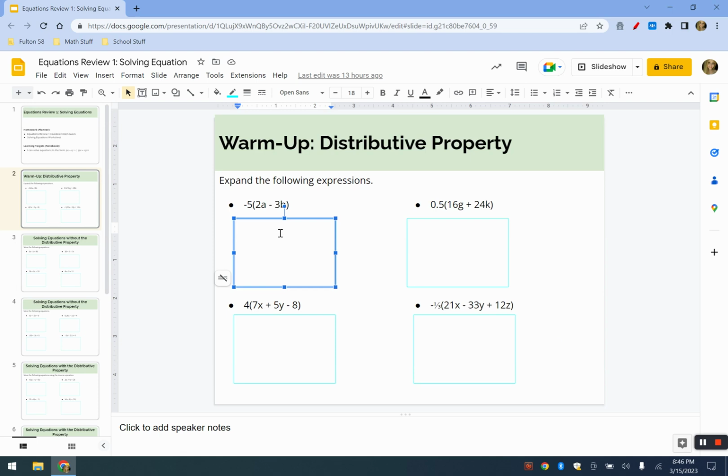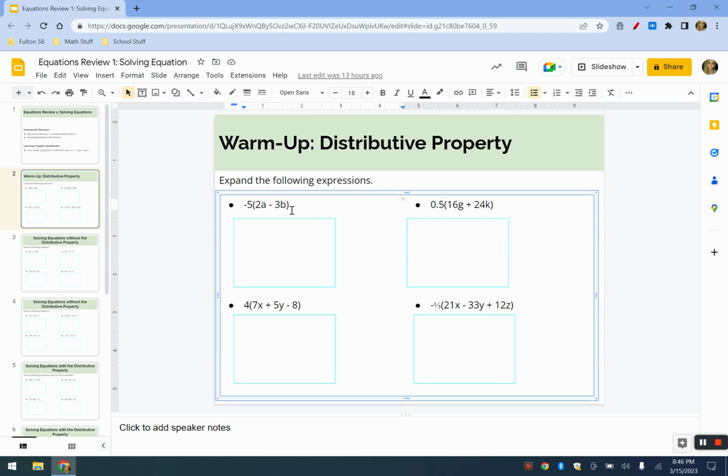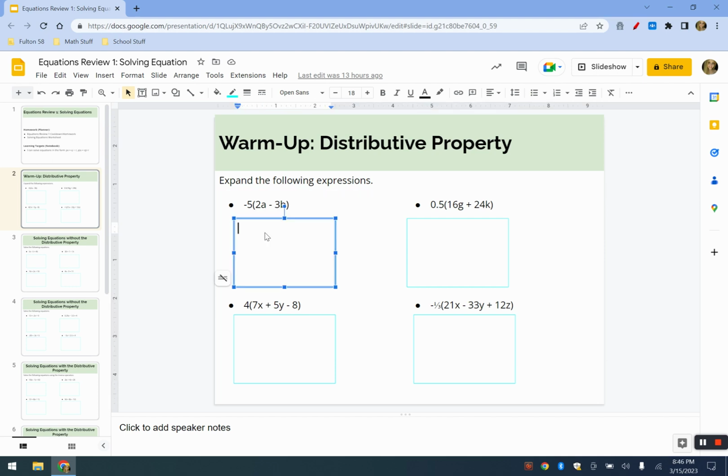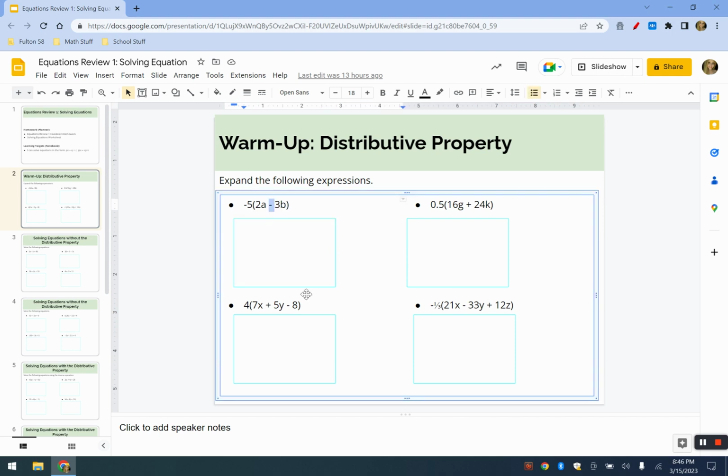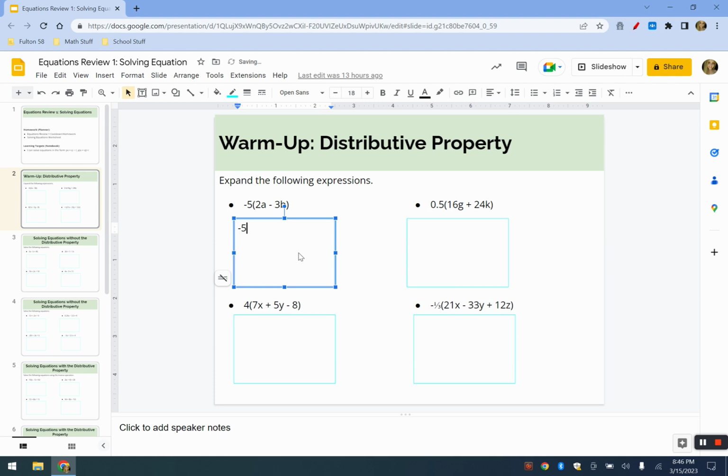Awesome. So remember, the distributive property states that we multiply everything inside the parentheses by the number outside the parentheses. What I'm going to do first is rewrite any subtraction signs as adding a negative. So this is negative 5 times 2a plus a negative 3b.